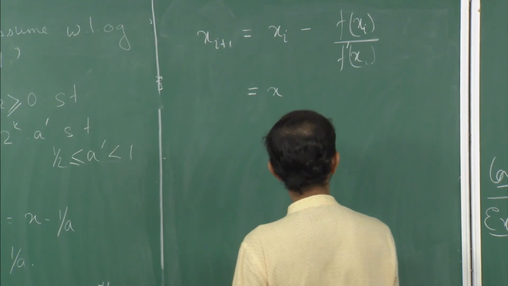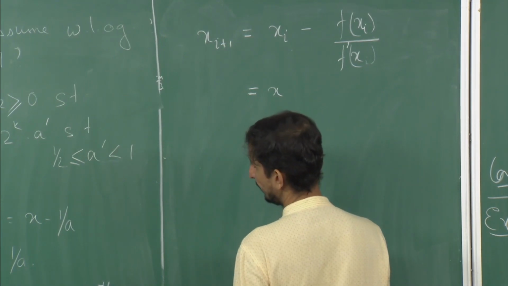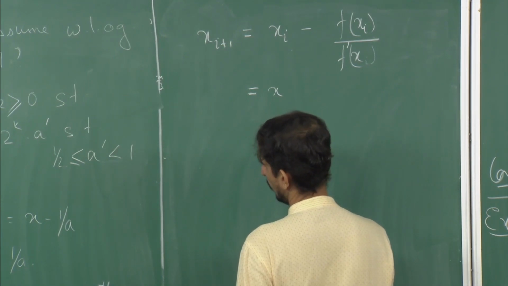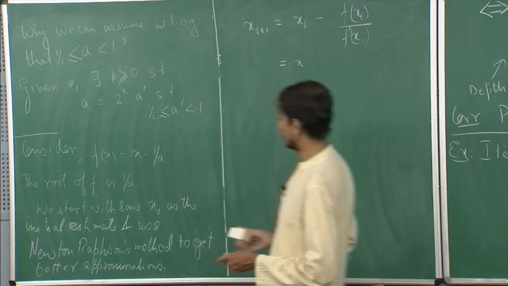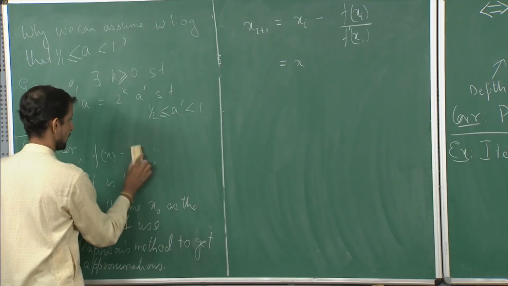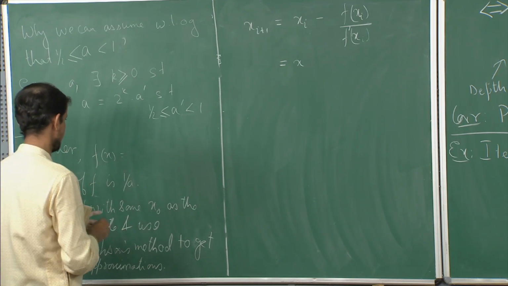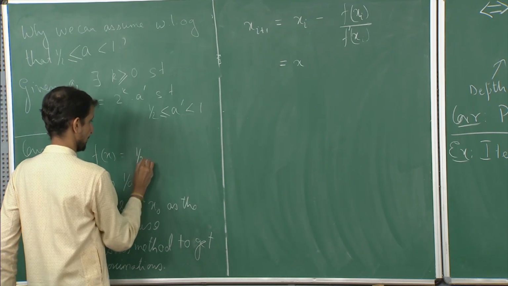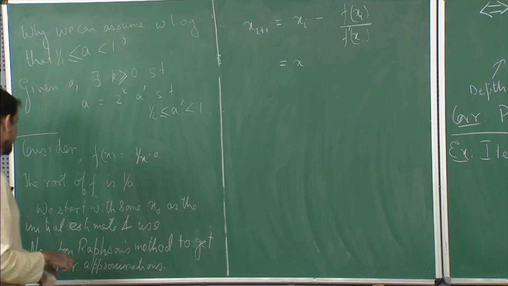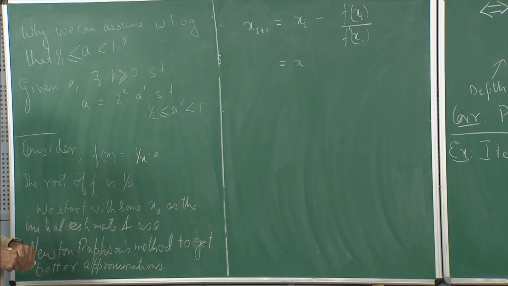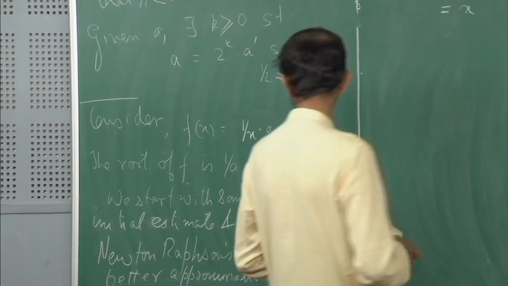If I look at the first derivative, actually we'll take f of x to be this function, 1 over x minus a.